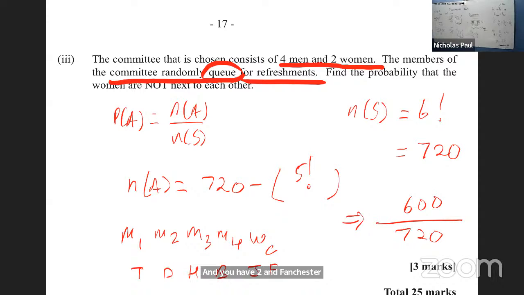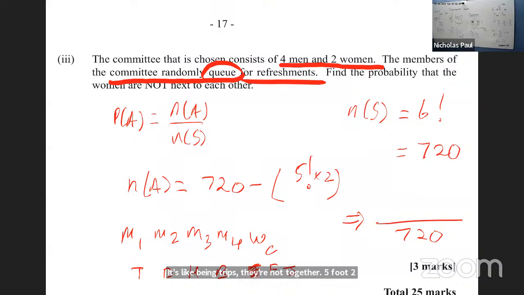That's one queue, but if you switch them around, it's a different queue, so you have to multiply by 2. Because we're interested when it's not together, 5 factorial multiplied by 2 is when it's together.